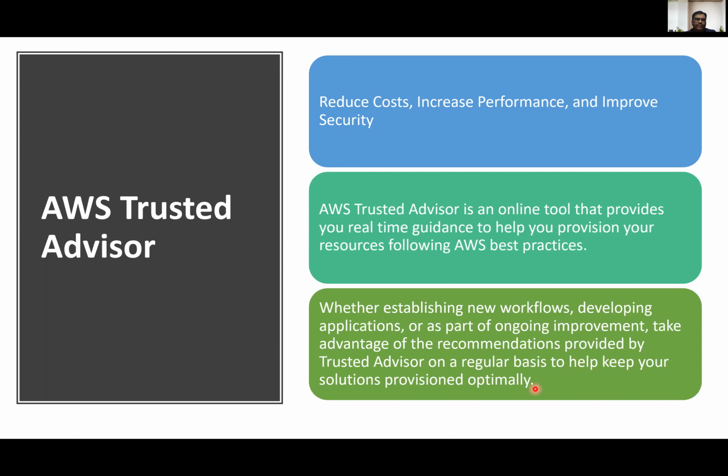So as the name says, Trusted Advisor, it will scan through all your infrastructure and tell you what the vulnerabilities are, like what things you're not complying with the best practices. It will give you suggestions, like, hey, for example, your security group is basically allowing everything to your EC2 instance. That's not right. It will give you a warning, or it will say, hey, it looks like there is a single point of failure in your infrastructure.